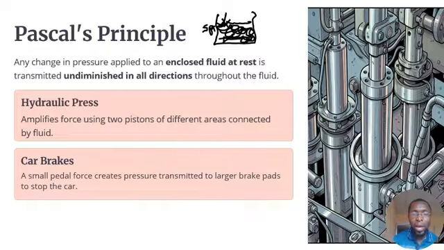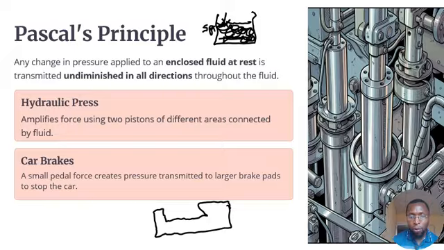So where are the areas of application of this principle? In the hydraulic press. The hydraulic press is a machine for lifting up an object. It looks something like this. What we have here is the liquid.